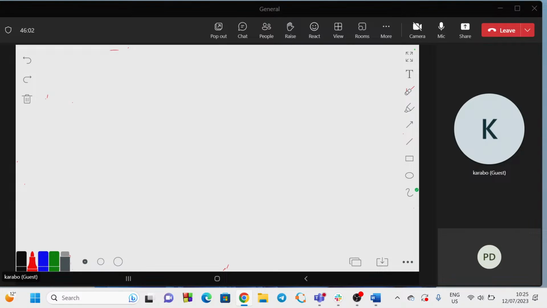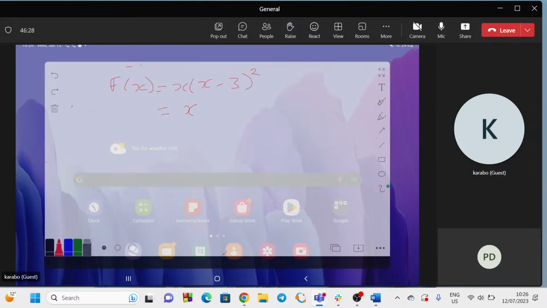When you differentiate f of x, let's do it. Differentiate f of x first. That's nice so far.